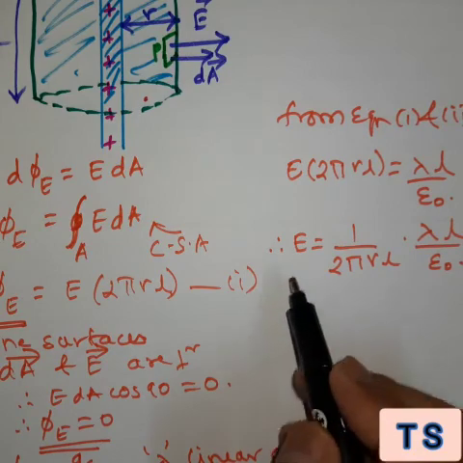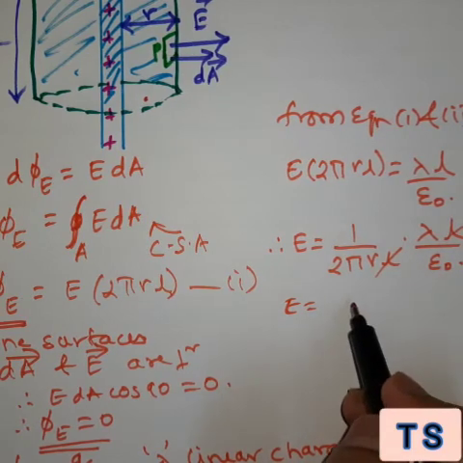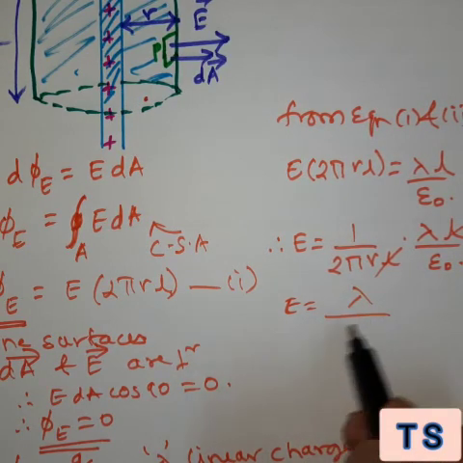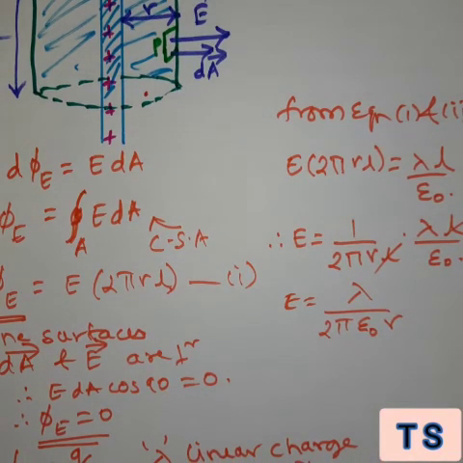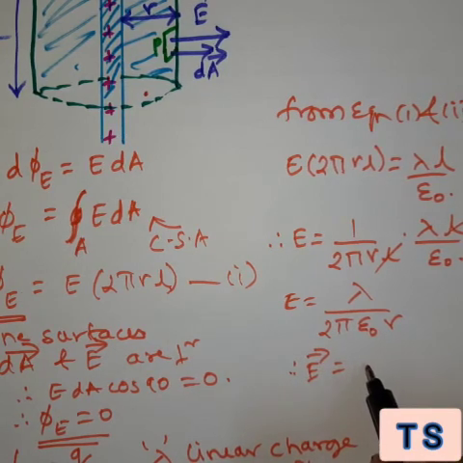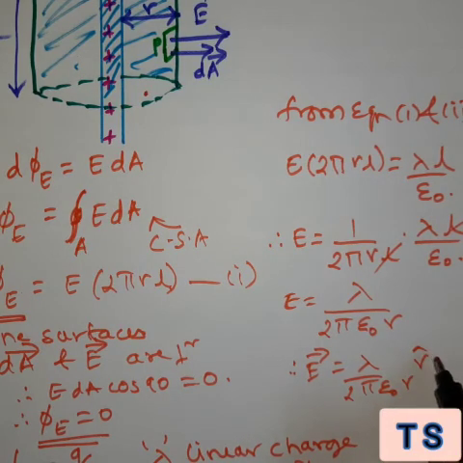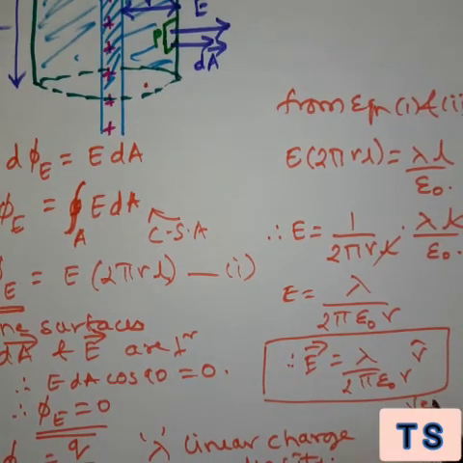So L and L get cancelled, and I get E equals lambda upon 2 pi epsilon naught R. Or if I want to write this in the form of a vector, I need a direction for R, so therefore E bar equals lambda upon 2 pi epsilon naught R cap. This will give me the equation in the form of a vector, and they have asked for this for 1 mark. So you should know how to derive this equation also.